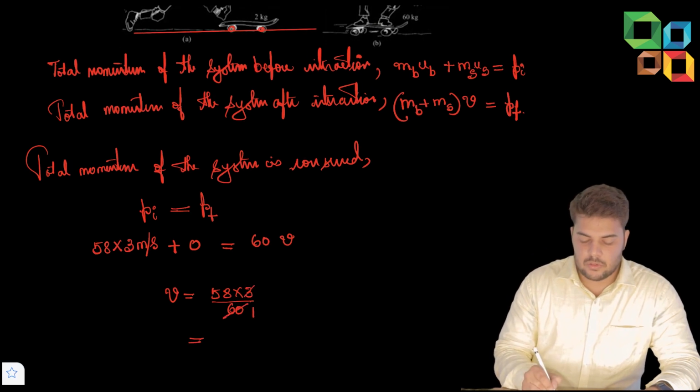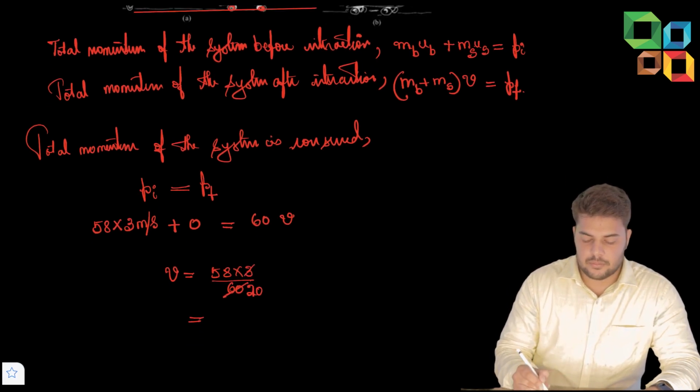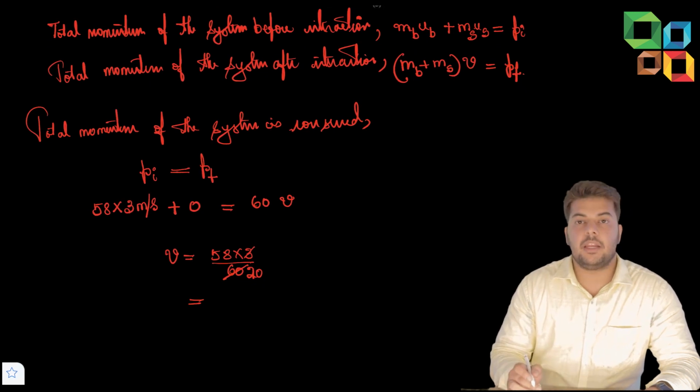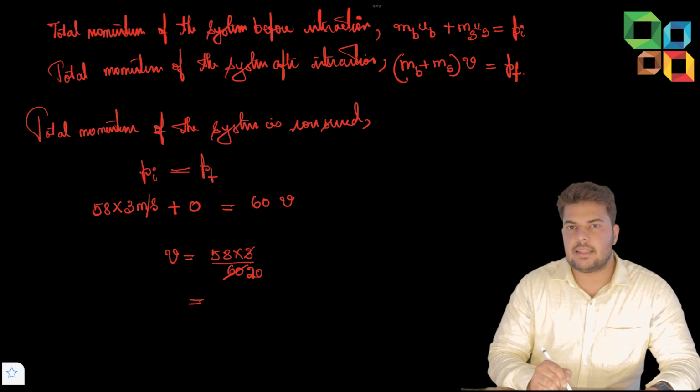I may simplify this further: 58 by 20. You can see that it is slightly less than 3. 60 by 20 would have been 3, isn't it? This is 58 by 20, so it is slightly smaller, as we had expected.